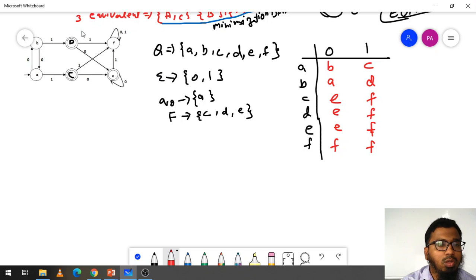So we finish all the states and we draw the state table. And this is the delta.